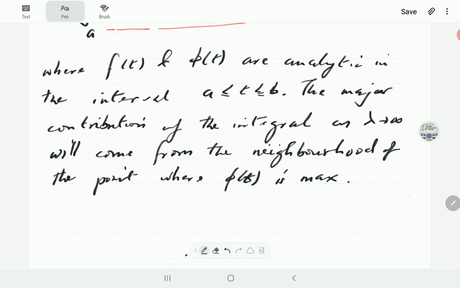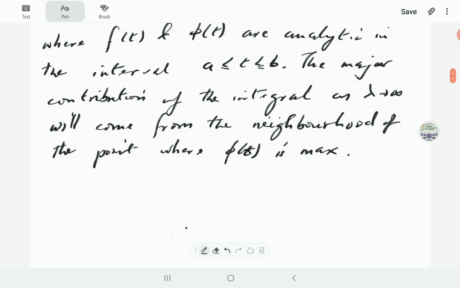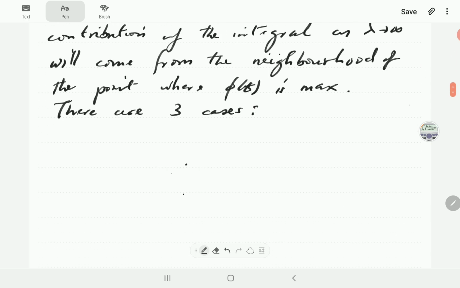Now there are going to be three cases that we are going to look at, and let's just show them graphically.